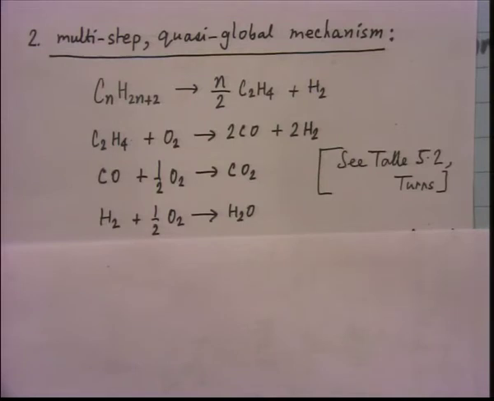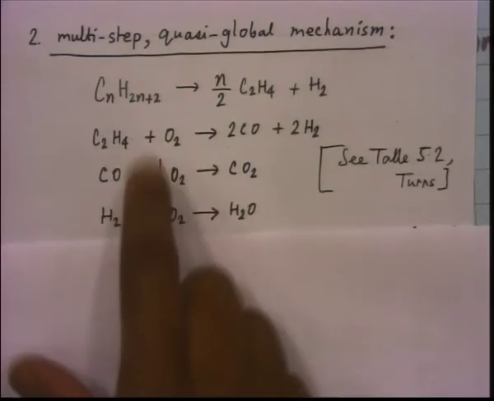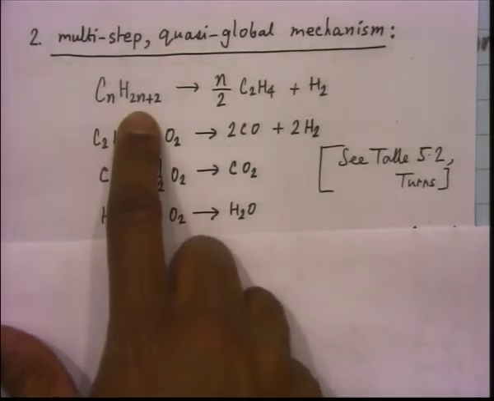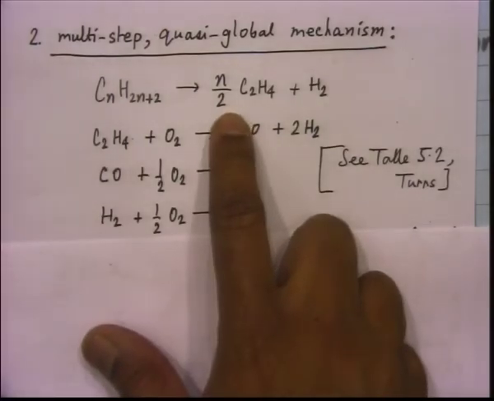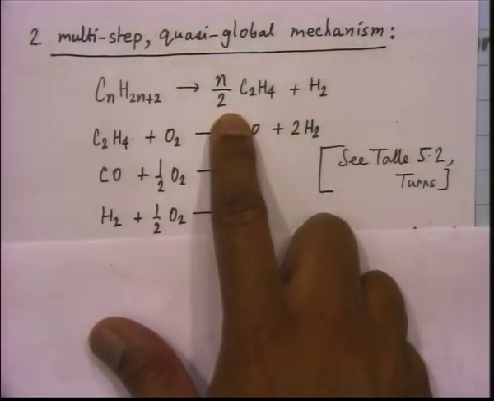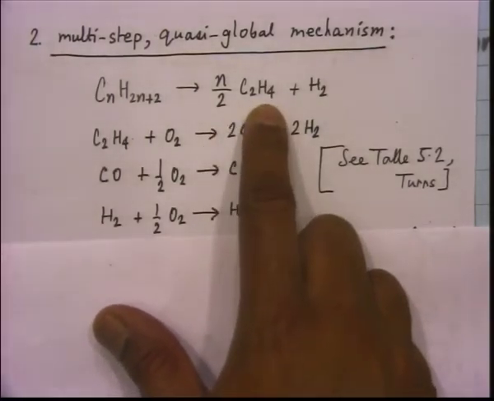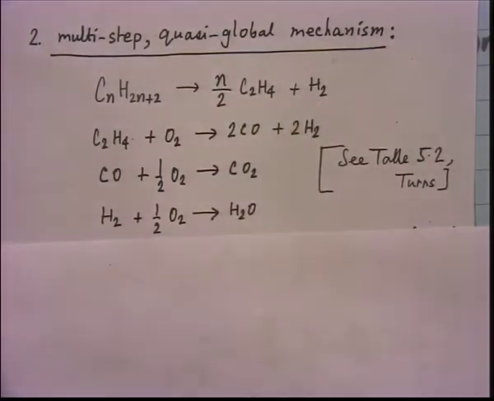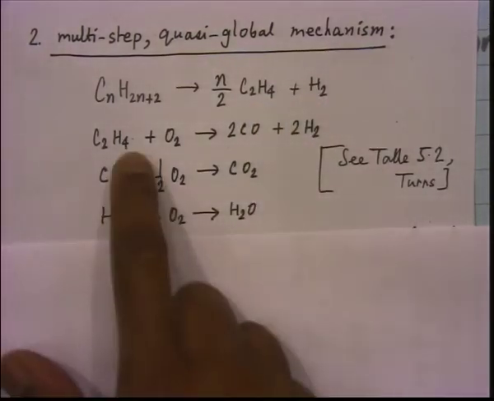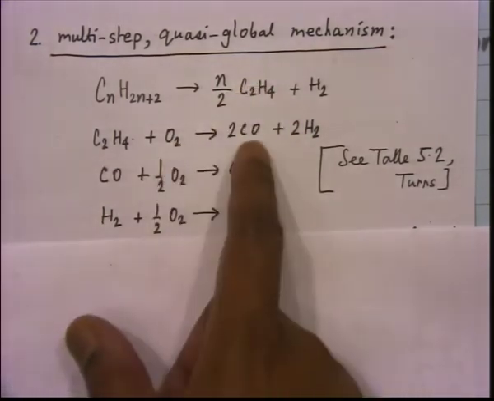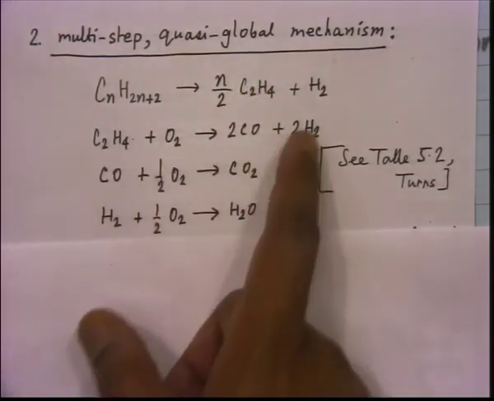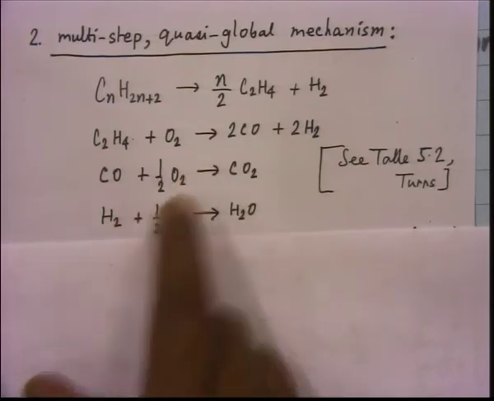Actual reactions do not exactly happen in this way, but suppose there is a CnH2n+2. We propose that CnH2n+2 breaks into n/2 C2H4 and H2, and then that C2H4 which got formed reacts with O2 to give you carbon monoxide and hydrogen, and then the carbon monoxide and hydrogen get oxidized.